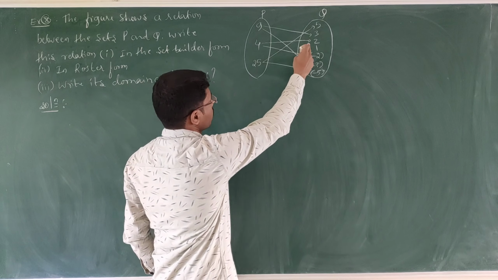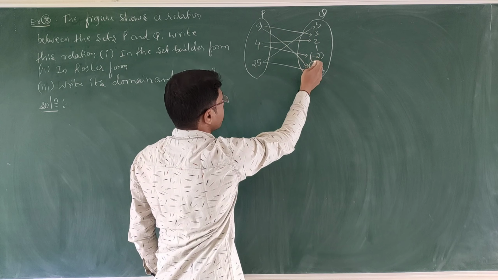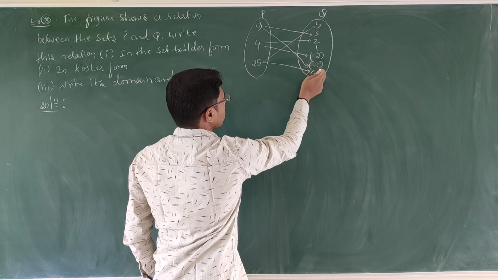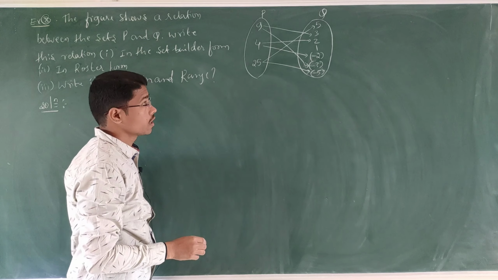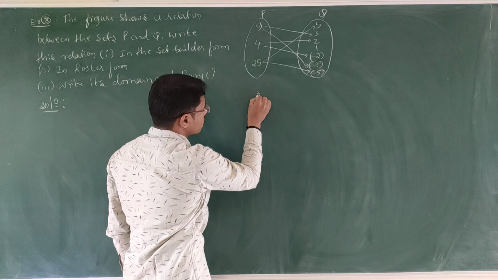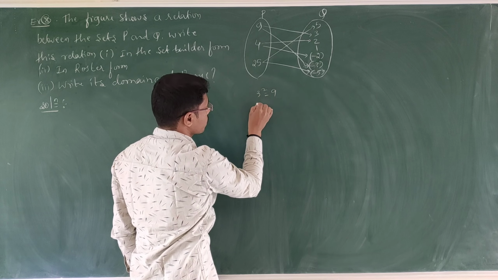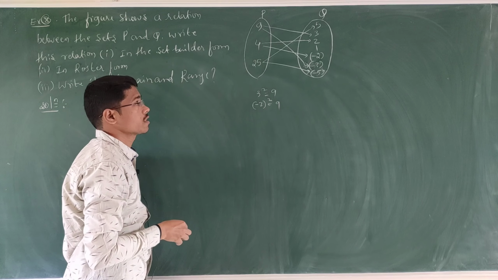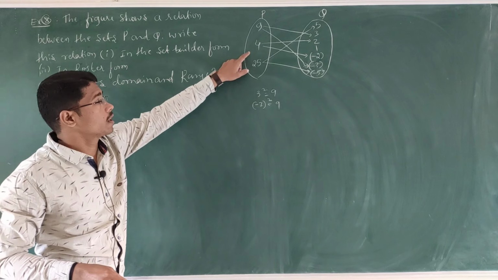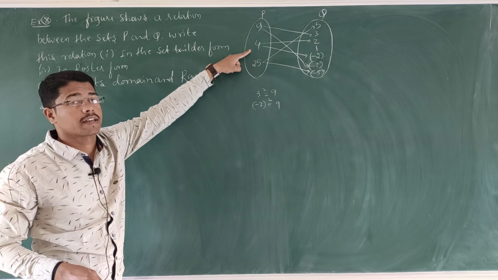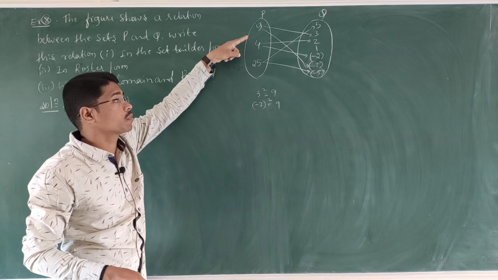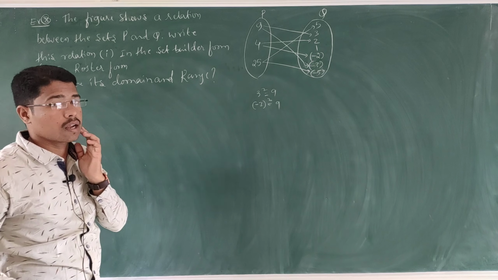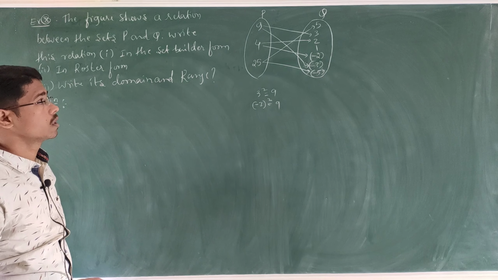Observe this: 9, 3 and 9, minus 3; 4, 2 and 4, minus 2; 25, 5 and 25, minus 5. It means 3 squared is 9, and minus 3 squared is also 9. So all the elements present in set P are the squares of the elements of set Q.